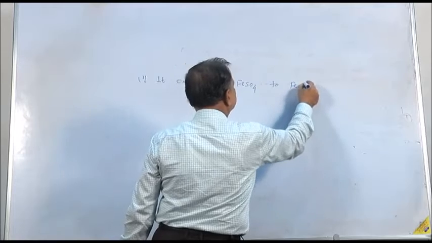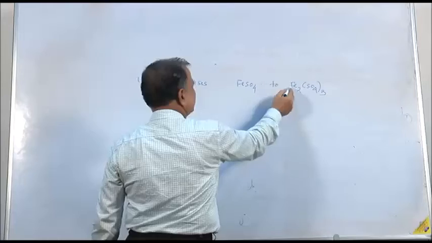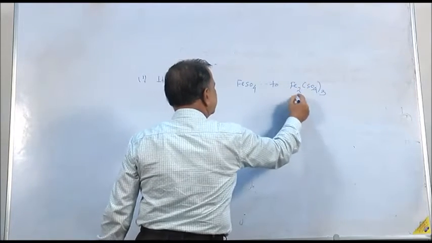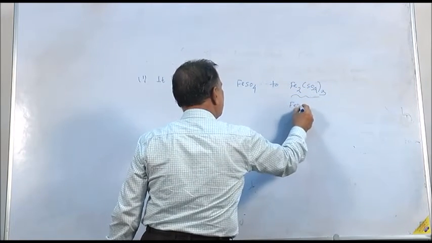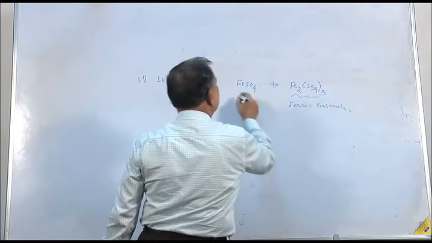Because the valency is 3 and sulfate is 2, its name is ferric sulfate, and this is ferrous sulfate.